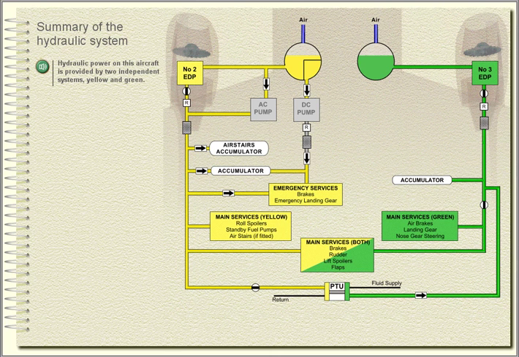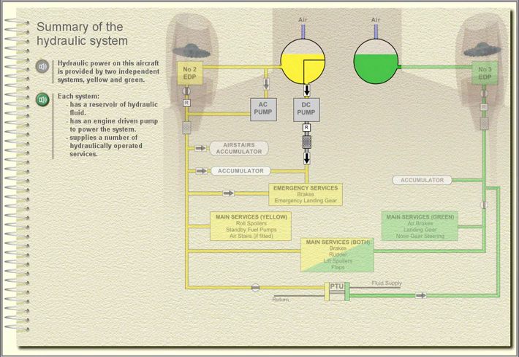Summary of the hydraulic system. Hydraulic power on this aircraft is provided by two independent systems, yellow and green. Each system has a reservoir of hydraulic fluid, has an engine-driven pump to power the system, supplies a number of hydraulically operated services.